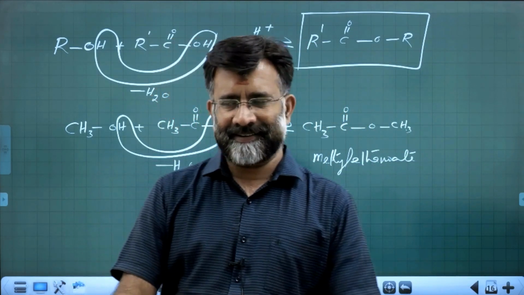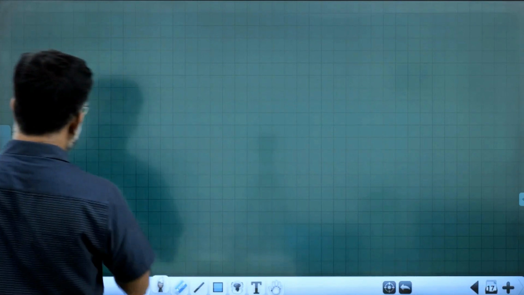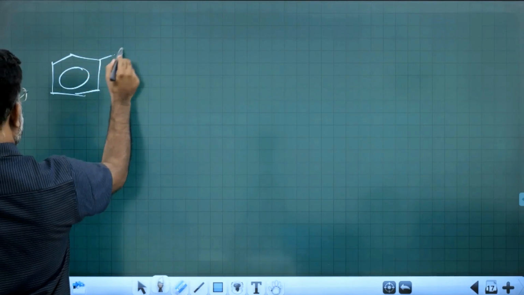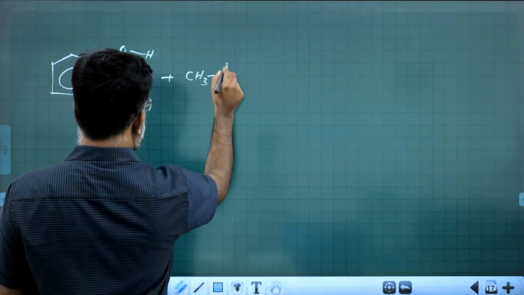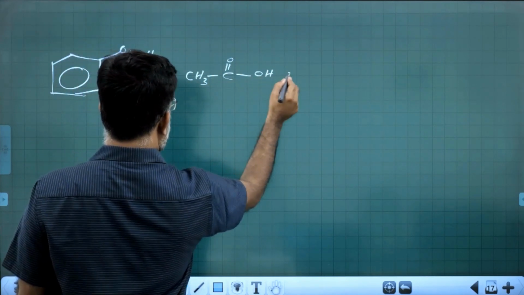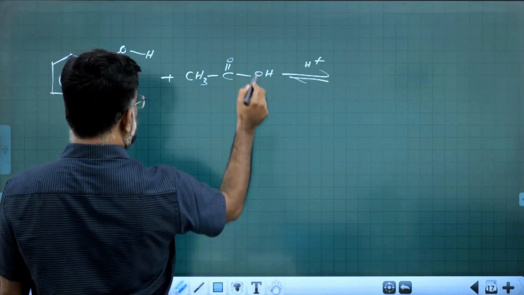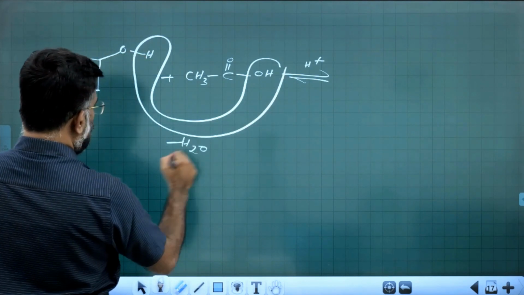Is that clear? Right. Suppose the reaction is happening with phenol. This is phenol interacting with CH3COOH in acid medium. You see this OH goes out with the H. And what do you get?